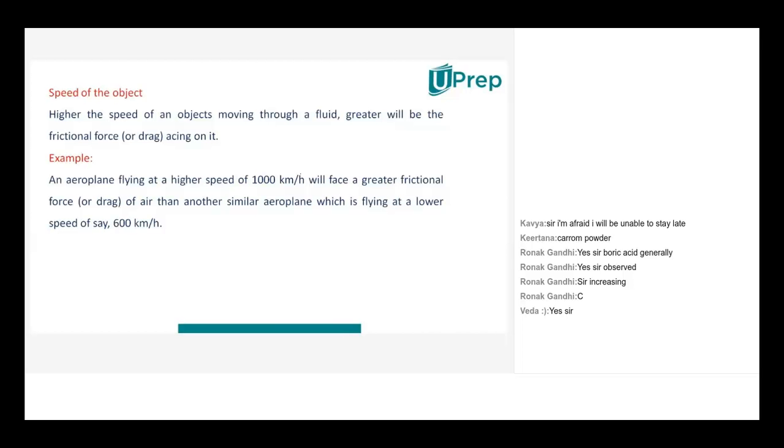It may not be a perfect wedge shape, but it may be somewhat like this. But the bus will have a flat surface in front, like this only. It will not have a wedge shape. Have you seen buses like this? Yes, sir. Buses will have a flat surface like this, not like this, isn't it?